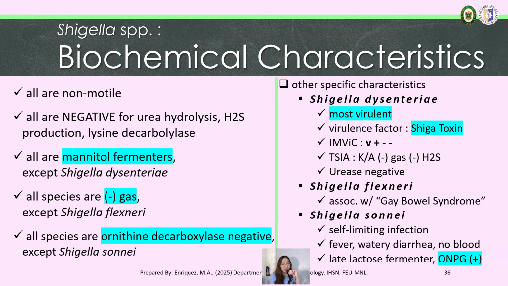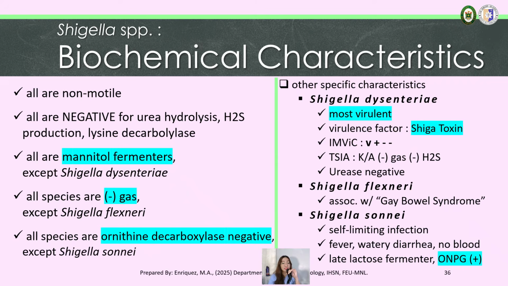Next, all Shigella species are negative for urea hydrolysis, hydrogen sulfide production, and lysine decarboxylase. Okay, lahat ng apat na Shigella species, they are negative for urea hydrolysis, hydrogen sulfide production, and lysine decarboxylase. Next, all Shigella species are mannitol fermenters except for Shigella dysenteriae.